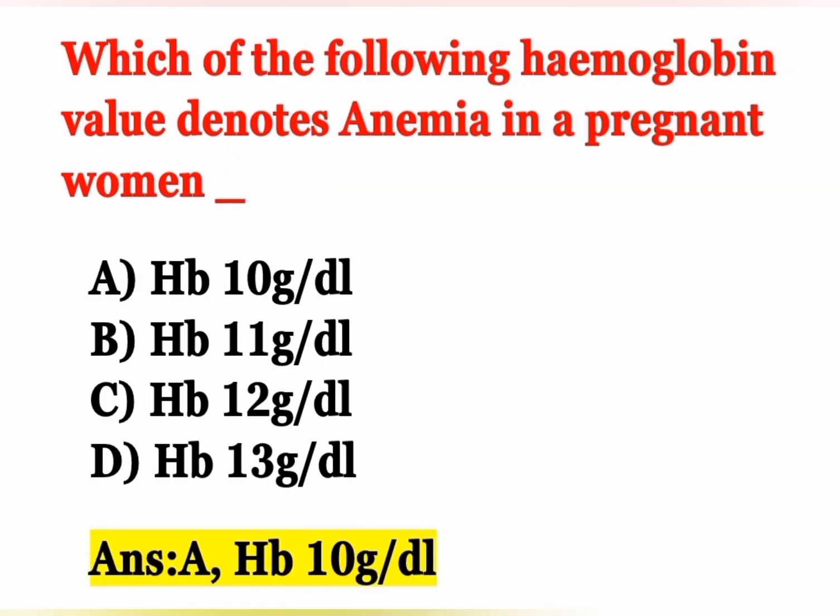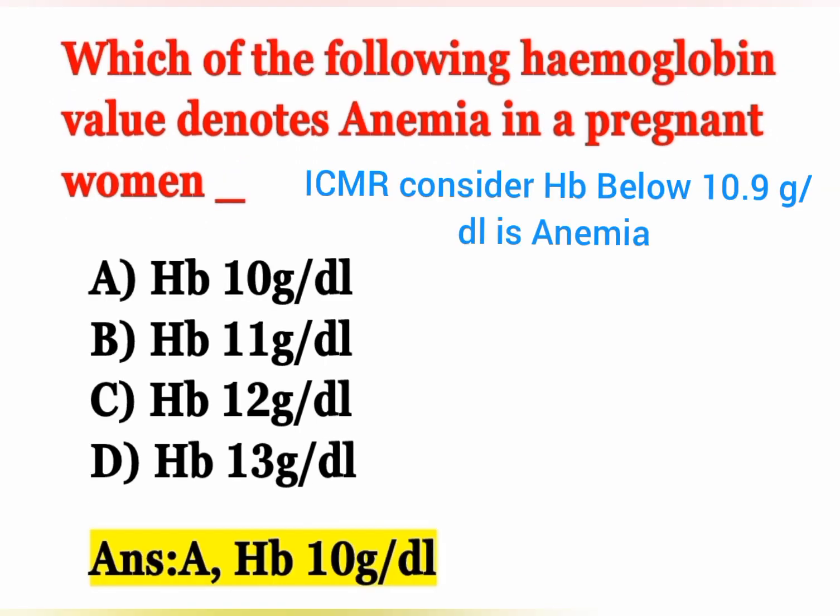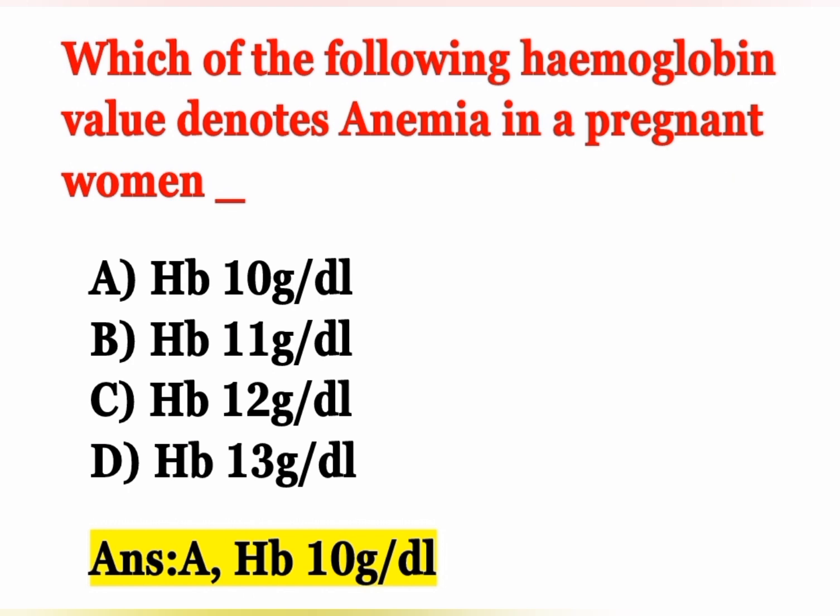Correct answer is option A, HB 10 gram per deciliter. According to ICMR, that is Indian Council of Medical Research, hemoglobin below 10.9 gram per deciliter is considered anemic during pregnancy.